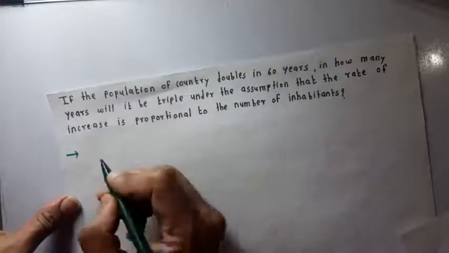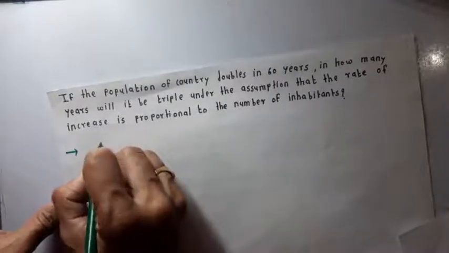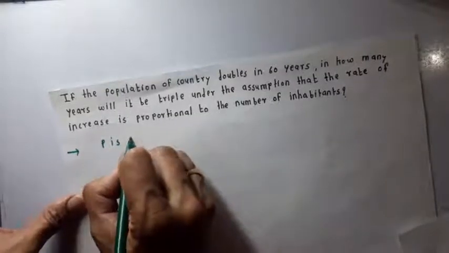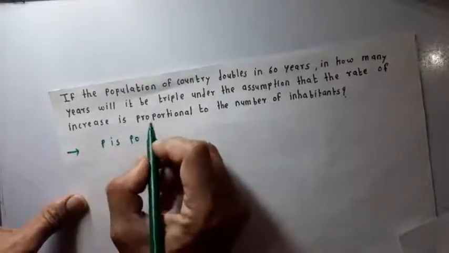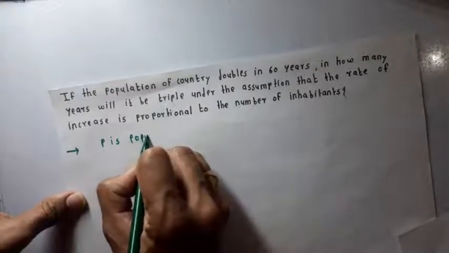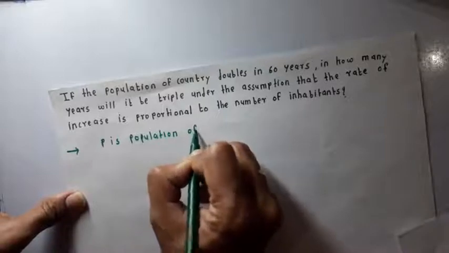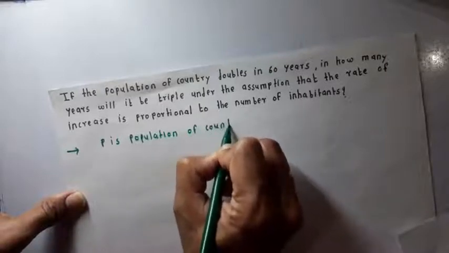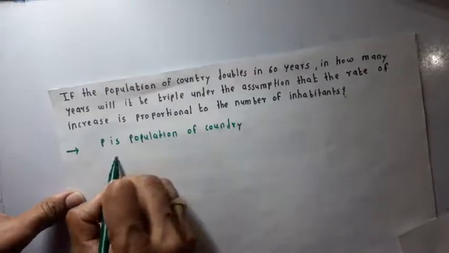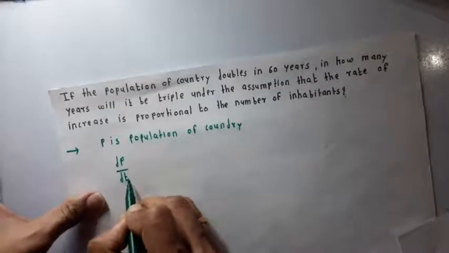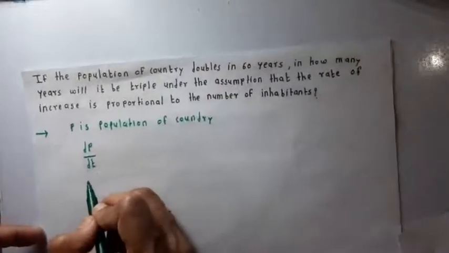So let P be the population of that country, and the rate of increase of population, that is dP by dt, is the rate of increase of population with respect to time.